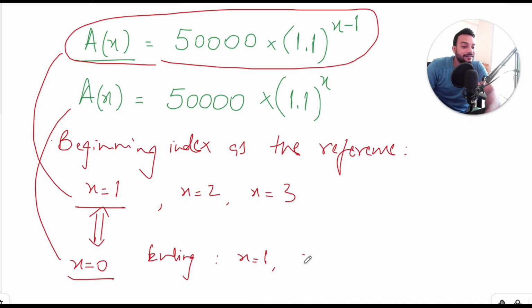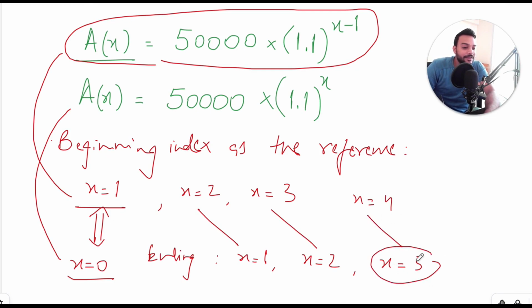End of second year, X is equal to 2. End of third year, X is equal to 3. So you know how they correspond. This corresponds to this, and this corresponds to this. X equal to 4 would correspond to this, because the ending of the third year is also the beginning of the fourth year. But the values of the X's, 3 and 4, are different. Accordingly, we've adjusted the power.